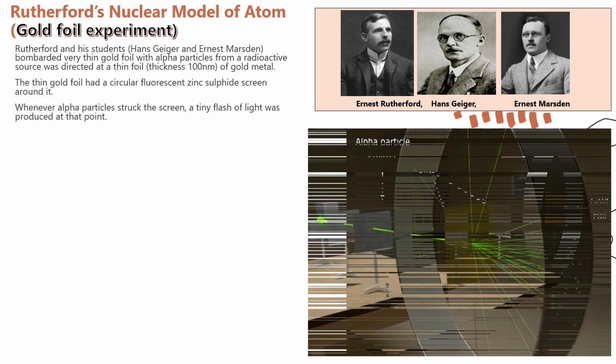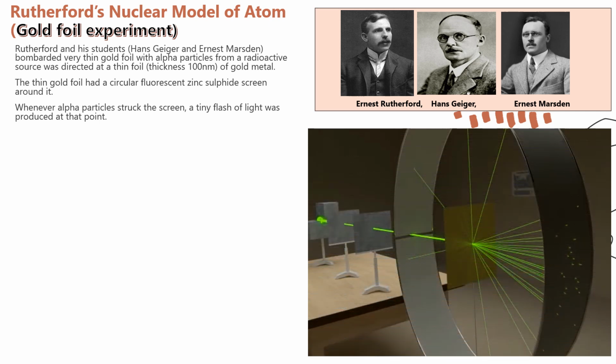So, the result of this scattering experiment was quite unexpected. According to Thomson model of atom, the mass of each gold atom in the foil should have been spread evenly over the entire atom, and alpha particles had enough energy to pass directly through such a uniform distribution of mass.